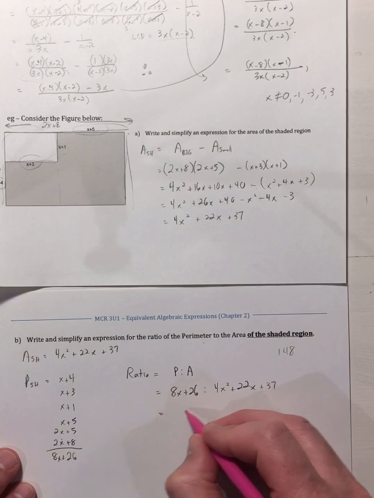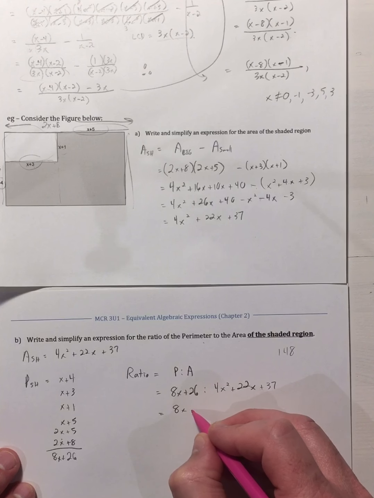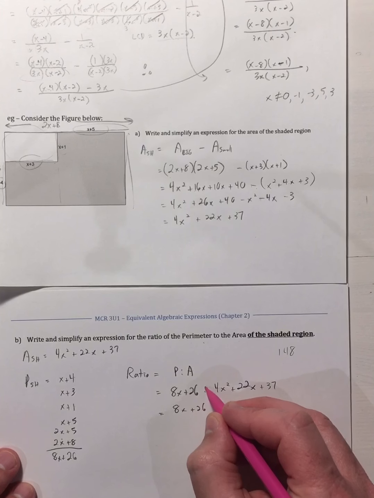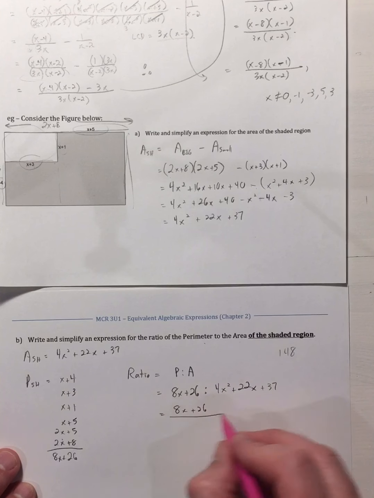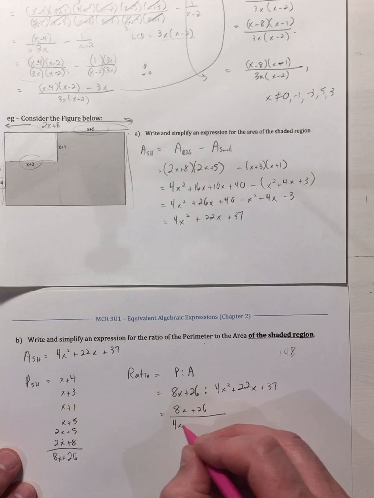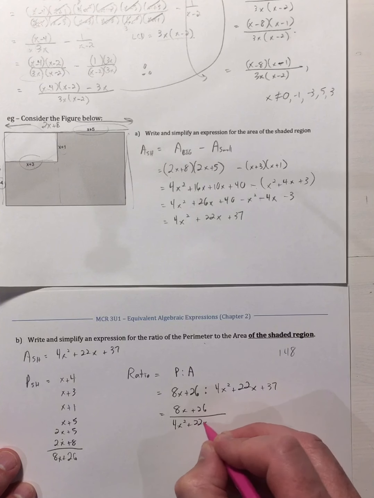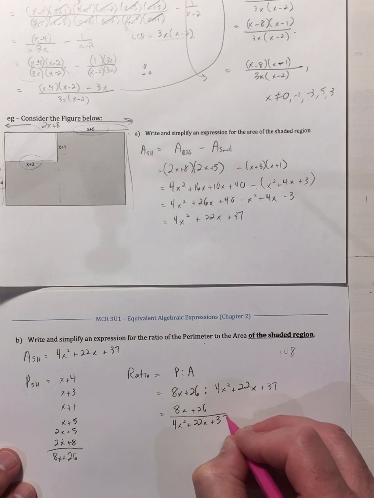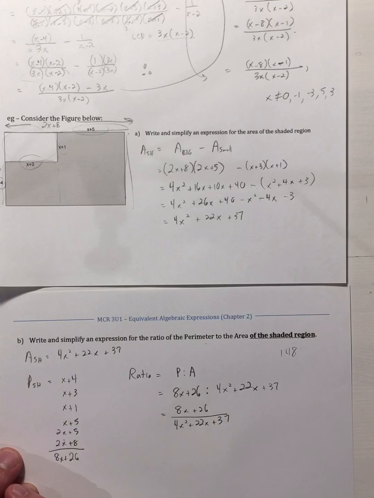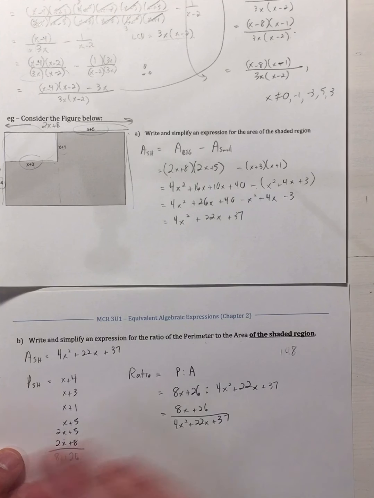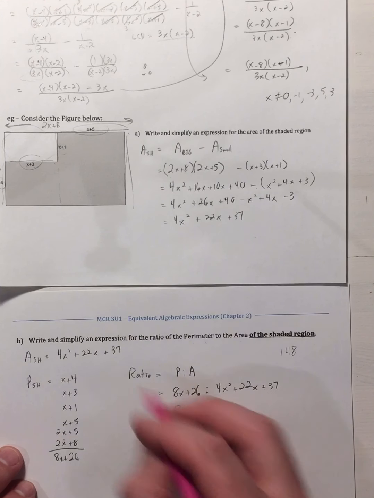Rather than using the ratio, we could write it as a fraction: 8x plus 26 over 4x squared plus 22x plus 37. And then from there, of course, we would want to simplify.